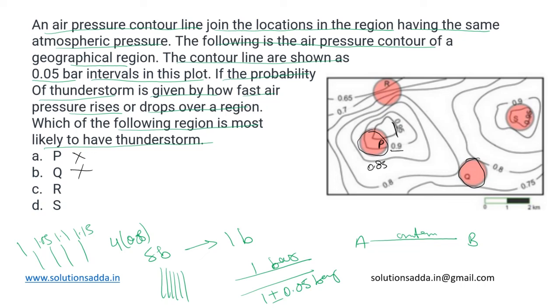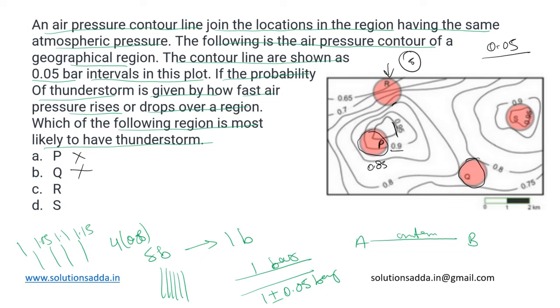Now let us look at R. Over here we can see there is a huge concentration of these contour lines. We can see 1, 2, 3 and 4 contour lines, and this one also touching it. So there are 5 contour lines lying along this region. So the air pressure would change by 0.05 bar between every two lines.